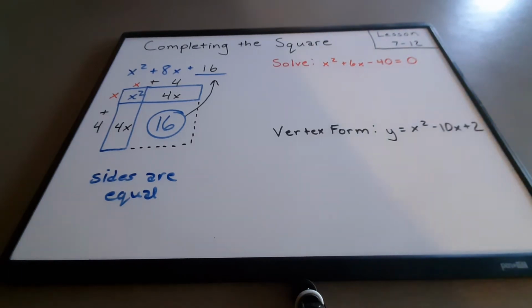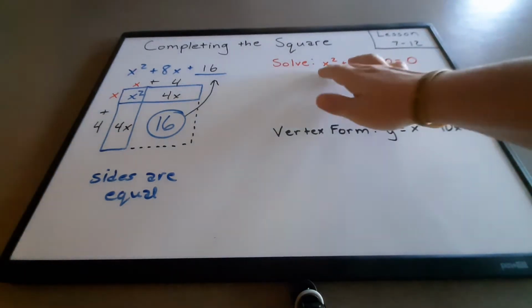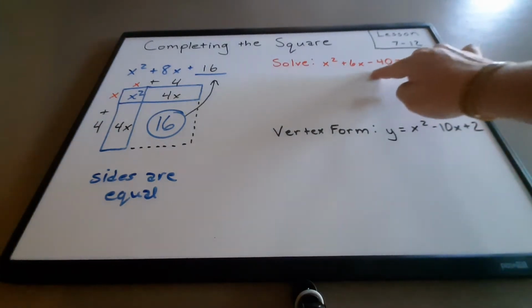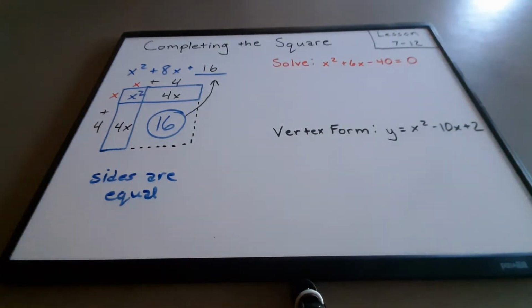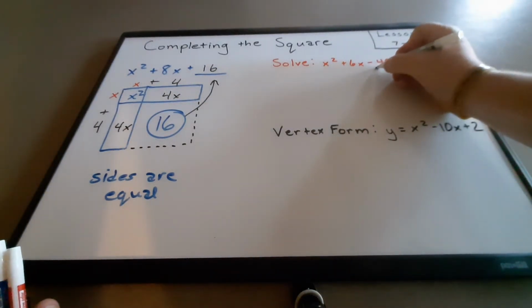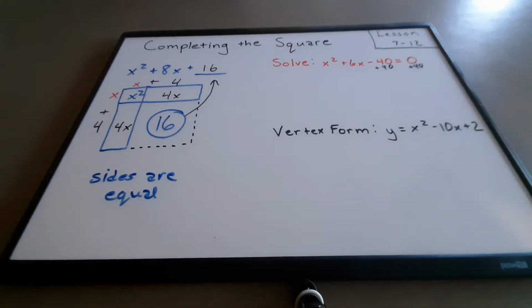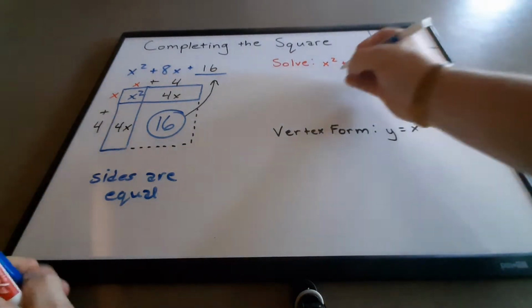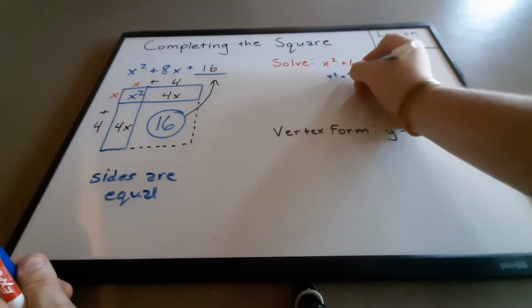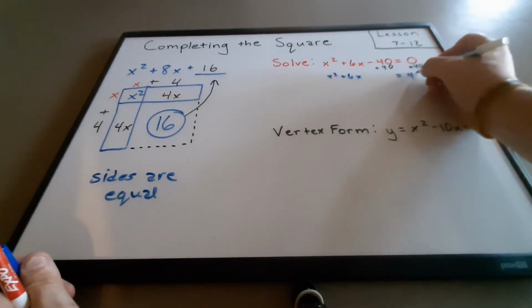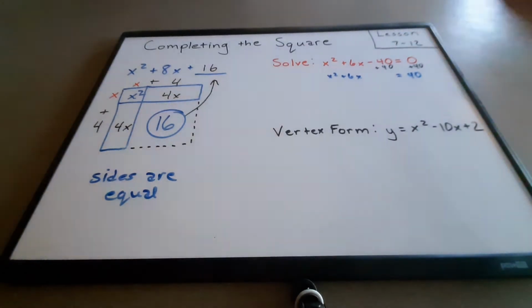The first thing I'm going to show you is how we can use this thought process to solve an equation. If you notice, we did have an x squared and an x, but we didn't have anything here. So we're actually going to get rid of the 40, and we're going to add 40 to both sides to create x squared plus 6x, and then this missing number, and 40 on the other side, because these create 0.